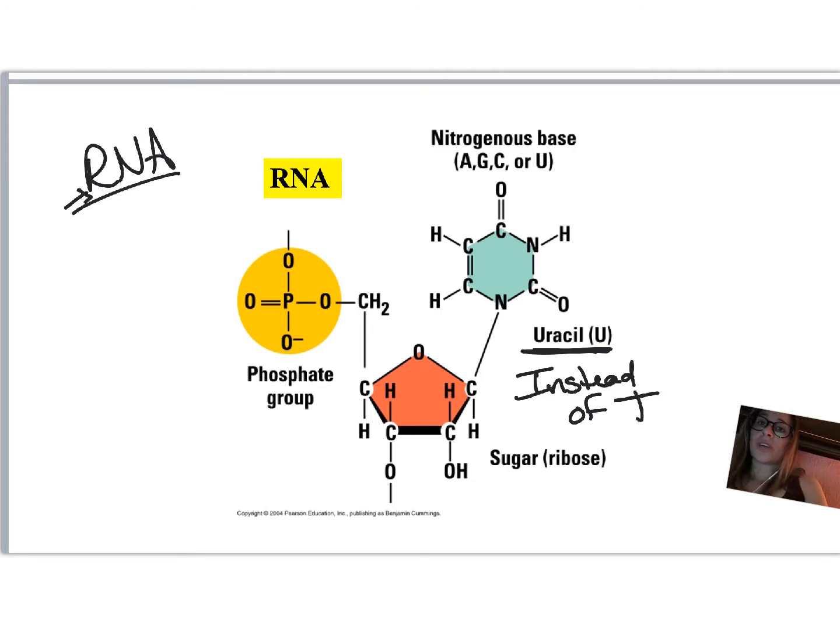So it gives the instructions for how to build the different types of amino acids we're going to look at. There's also a lot of other things that RNA can do. We'll look at that more in biotech. Things like regulating genes, for example, and even helping us fight viruses. It's cool stuff.